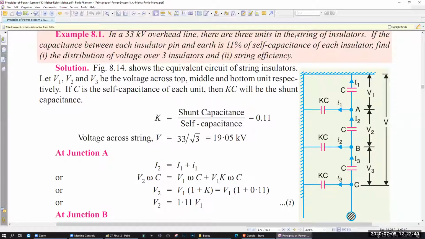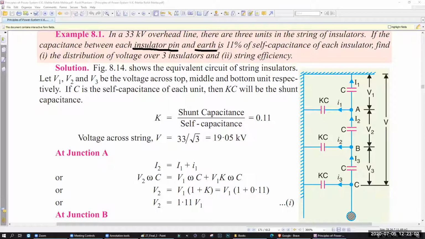There are 3 units in the string of insulators. There are 3 insulators. The capacitance between each insulator pin and earth, remember, this is very important.